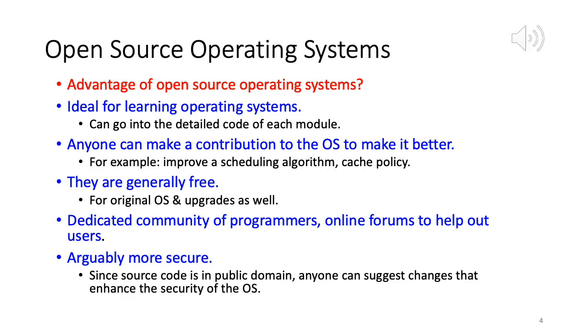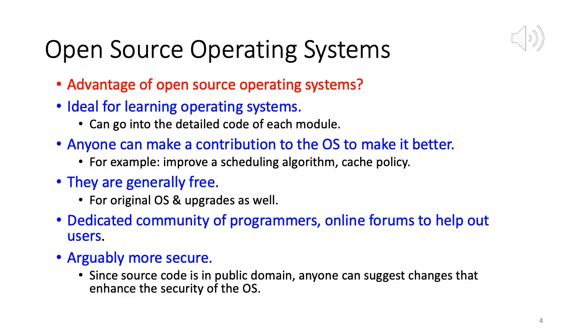Arguably more secure. The reasoning for that is that since the source code is in the public domain, anyone can look at it. You have a large number of people: programmers like you, students of OS, professors, people working in industry. Essentially, everybody has access to the code.